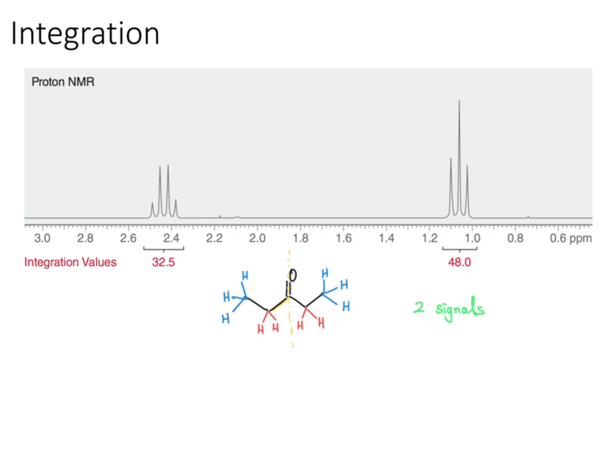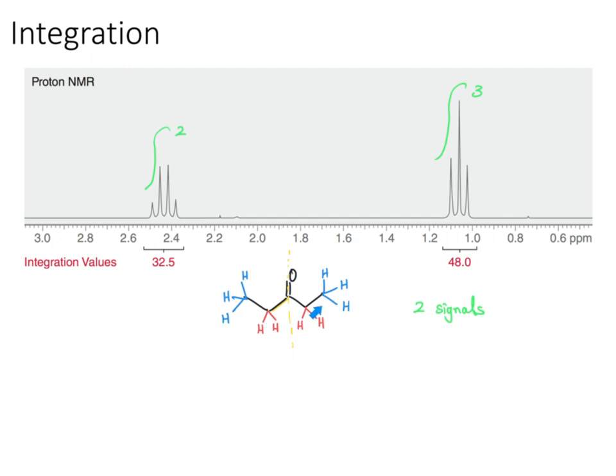And from the integration ratio, we are looking at 32 and 48. If divided by the smallest number, it is 1 to 1.5, so it's a 2 to 3 ratio. So the ratio here, if I do the integral, is 2 and 3. That basically tells you that the number of protons raising this signal compared to the number of protons raising this signal is 2 to 3.